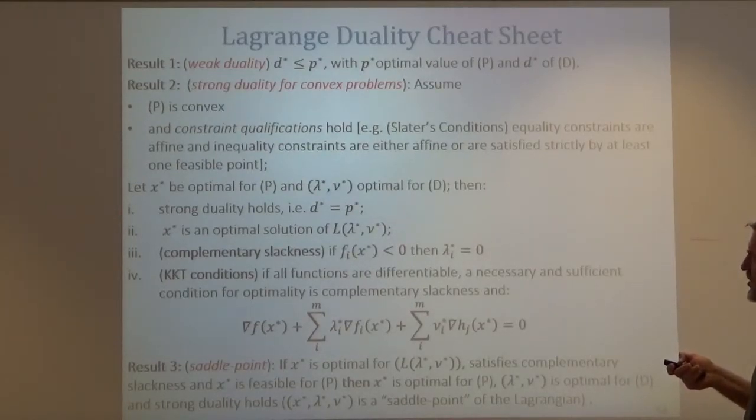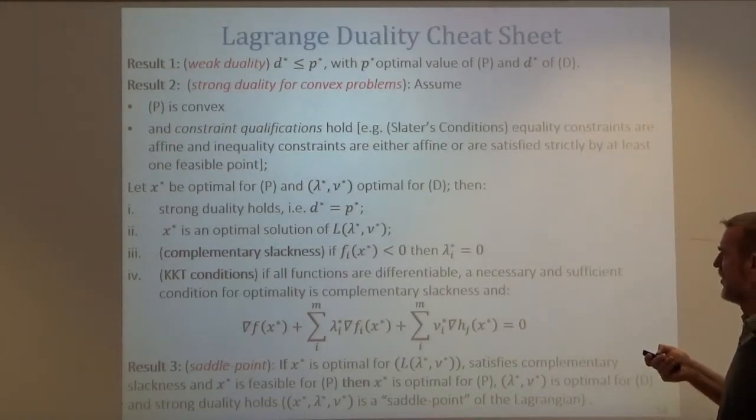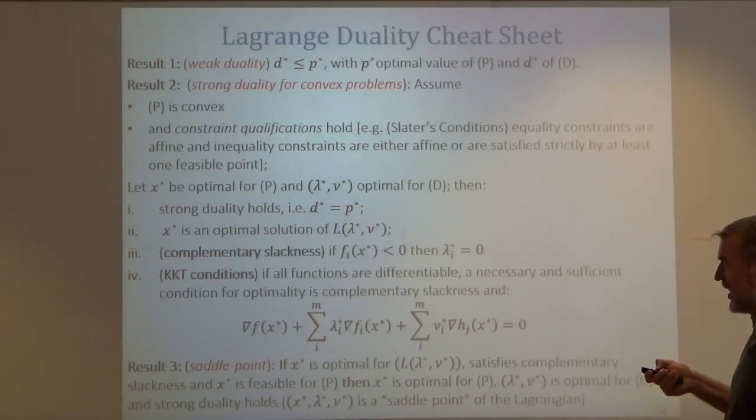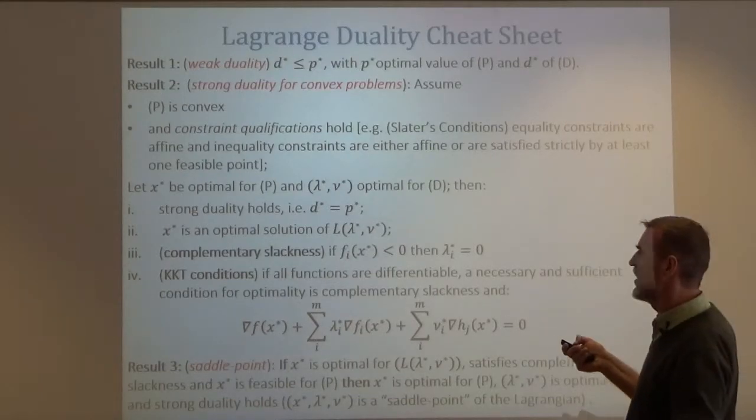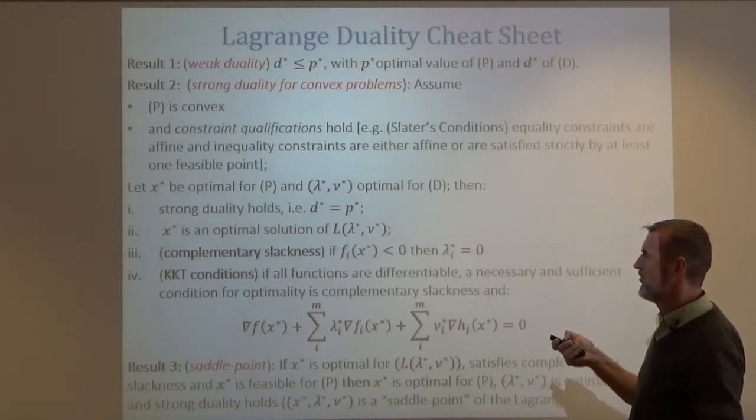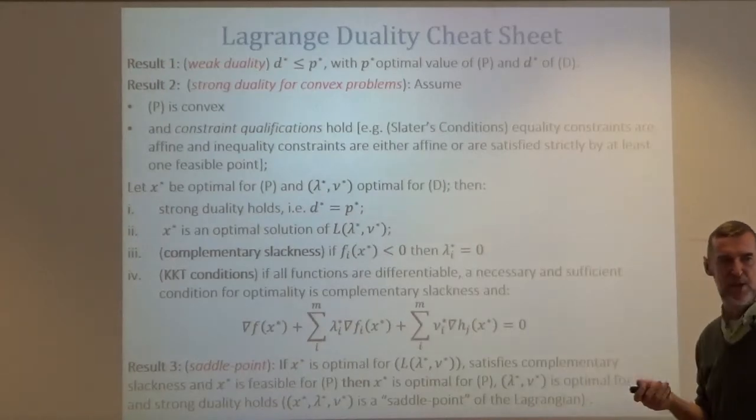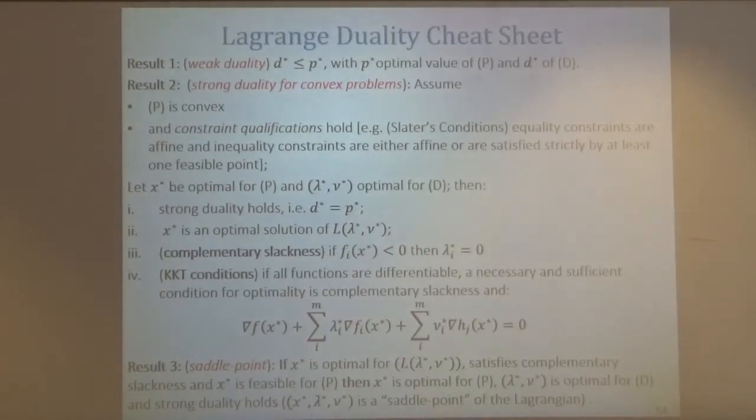If x star is an optimal solution of the original problem, that's what we're looking for, and lambda star, nu star is an optimal solution of the dual problem, then the values of the problem for those two are equal. Those are the optimal values. Second, x star is an optimal solution of the problem without constraints, where we have taken the values of the Lagrange multipliers exactly at the optimal value.